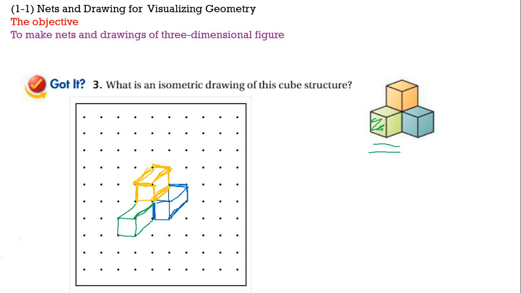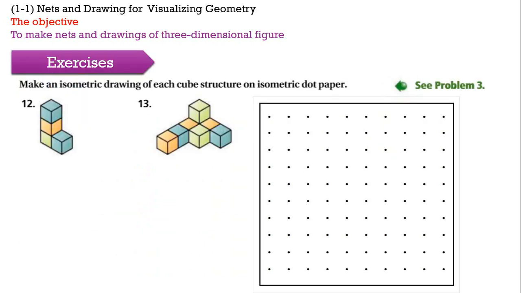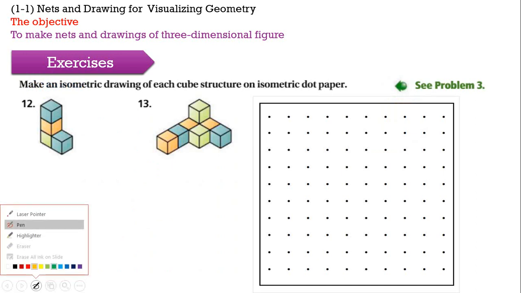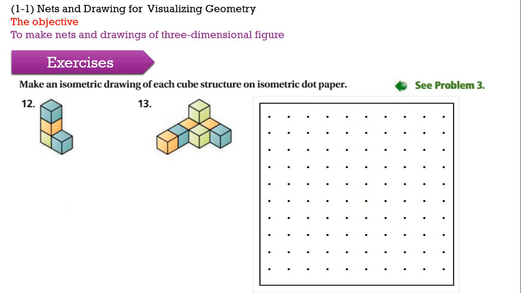Let me give you more exercise to make sure that you understood the idea. I'm going to do the first one with you. So I will make it by using the same color. So I have the first part, the one that I can see, which is the one in front of me. I'll represent each edge here, or each cube. It looks like a cube.